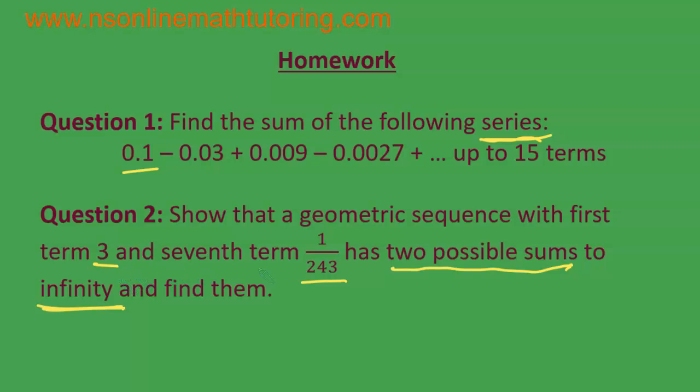That means that this geometric series, the infinite geometric series, is a convergent one, and you will be having two possible sums and you have to find those sums. Okay. So these are the two homework questions for you.